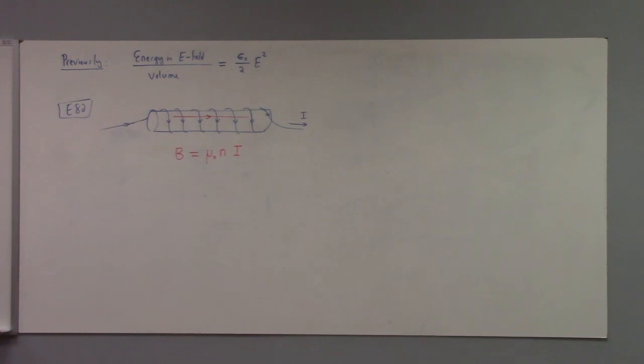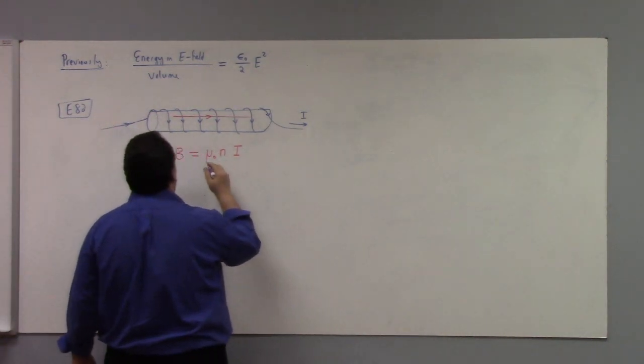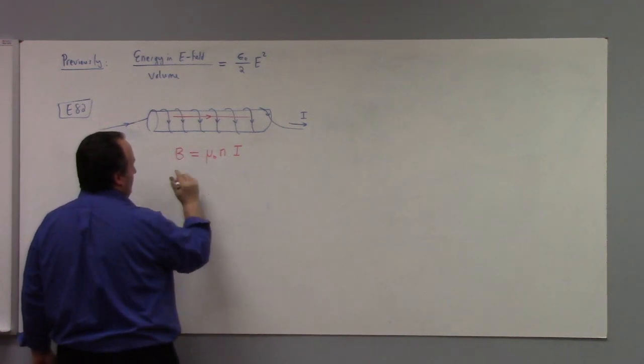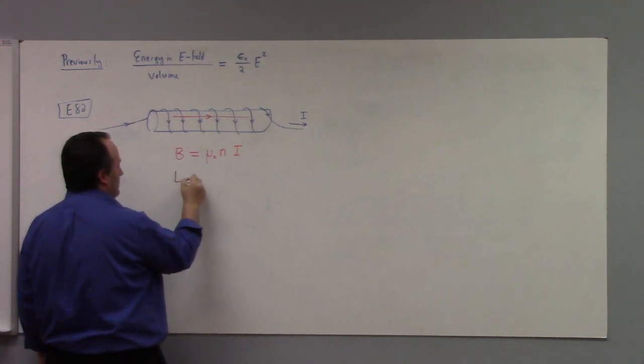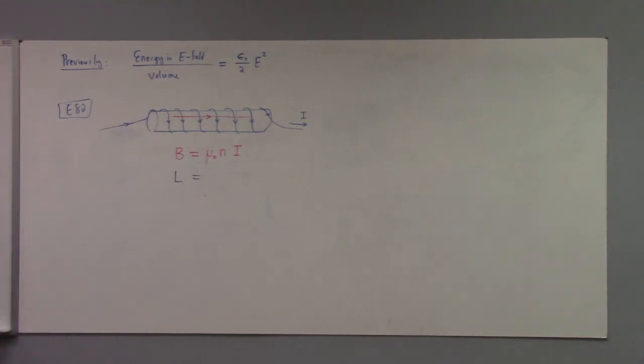What else did we figure out in the previous class? We found a bunch of different formulas, but what was the self-inductance of the solenoid? What was L? We worked it out.